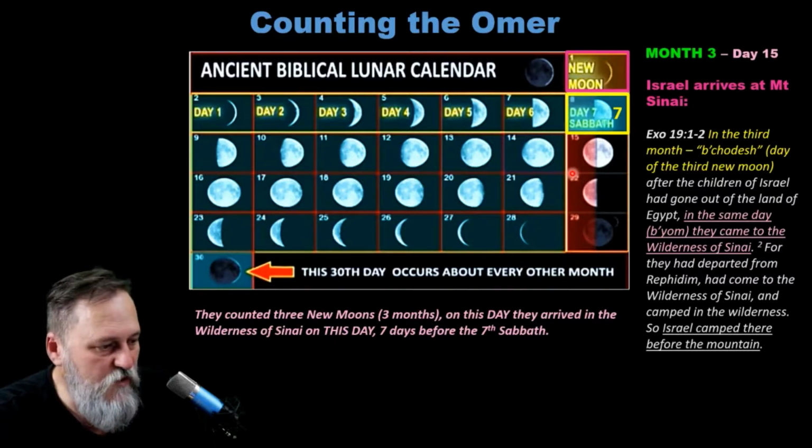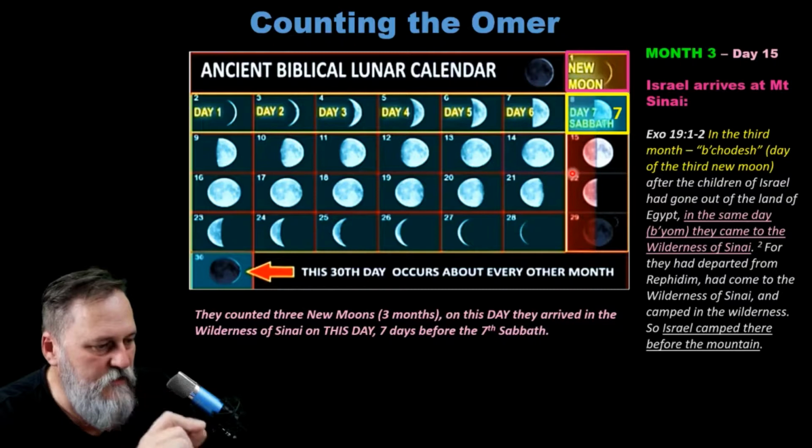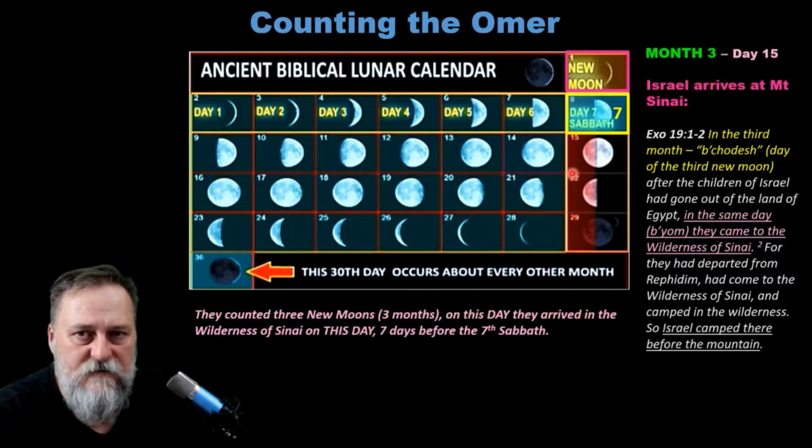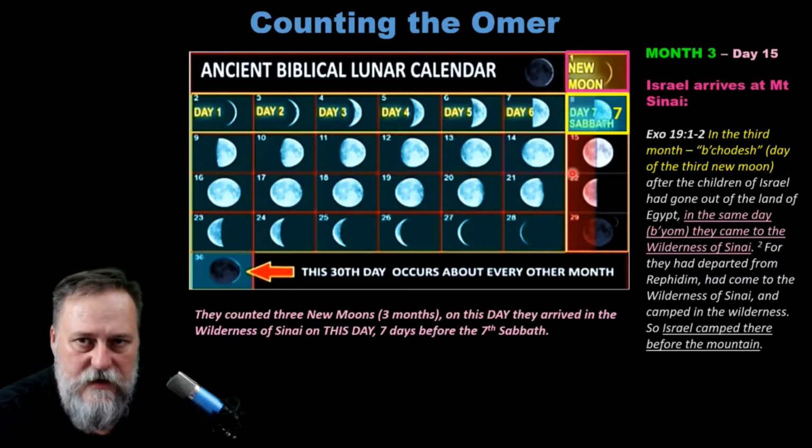But if you read the wording in Hebrew, it says in the 3rd month, which is Bachodesh, Chodesh, which is the 3rd new moon. Now the new moon is a flag on its own. It indicates the beginning of a month. So it's a significant day.